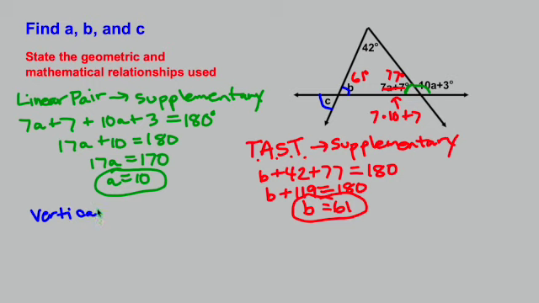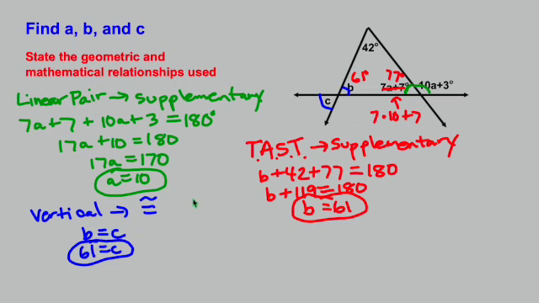And just so you know, the abbreviation for vertical angles being congruent would be, rather than writing out congruent, I'm just going to put the equal sign with a little squiggly above it. So vertical angles are always congruent. Therefore, B will equal C. And since we know that B is 61, we know that C is also 61 as well.